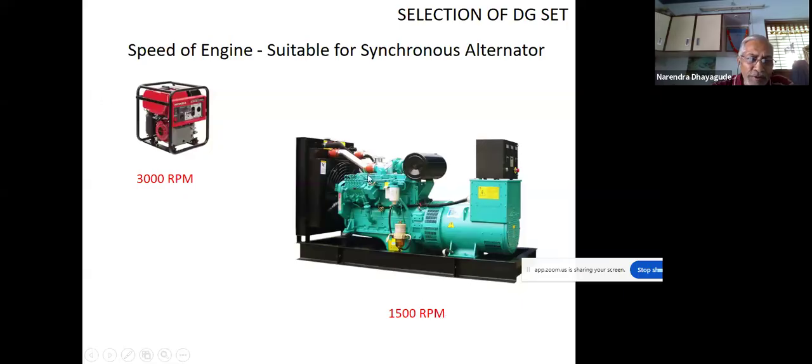Specifically, the 3000 RPM engines are compact because their RPM is higher. As the RPM reduces, the size of the diesel engine goes up. So here we have to see for which alternator, which engine is suitable. So the selection criteria is on the basis of the speed.